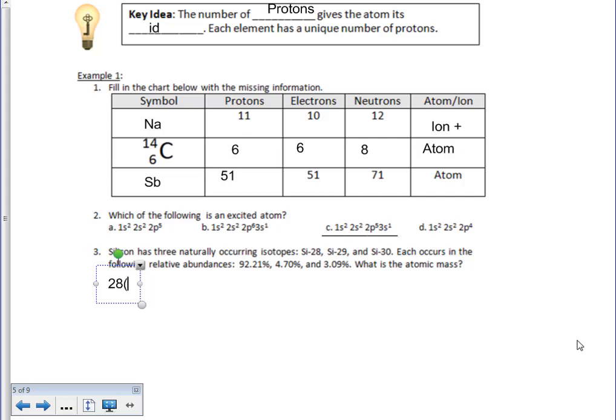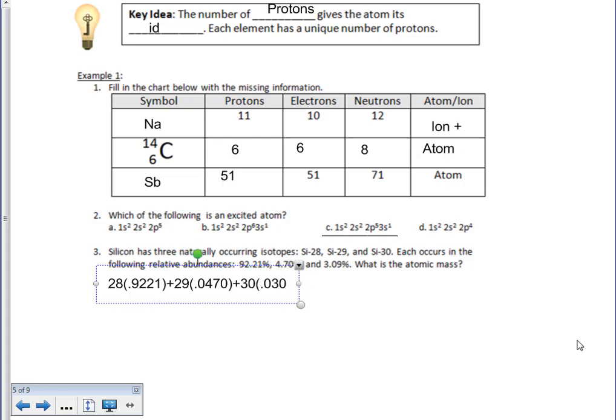So I have 0.9221 times the mass of 28, and I'm going to add that to 0.0470 times my mass of 29, plus my last mass, which is 30, multiplied by 0.0309.